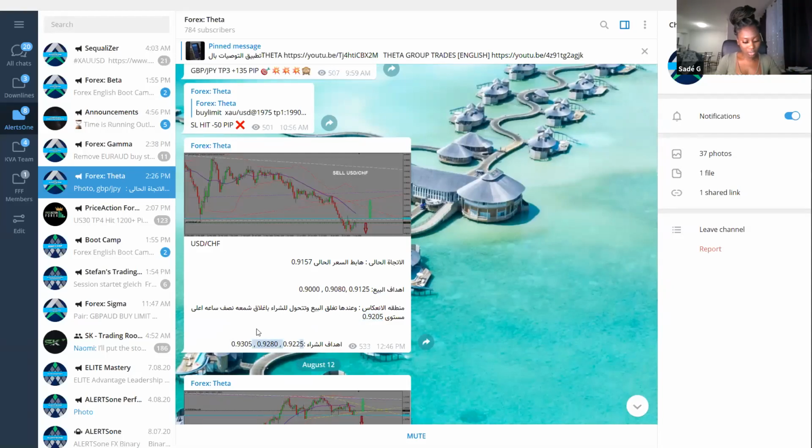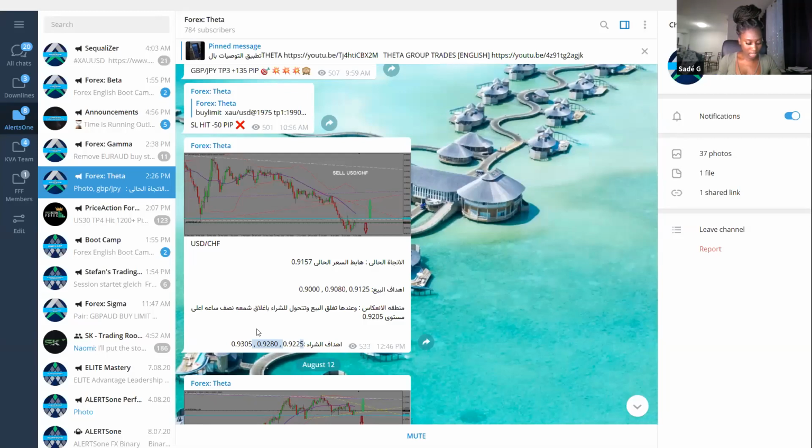So let's do our math. We're selling at entry price 0.9157 with stop loss in this case at 0.9205. Take profit is 0.9125, 0.9080.